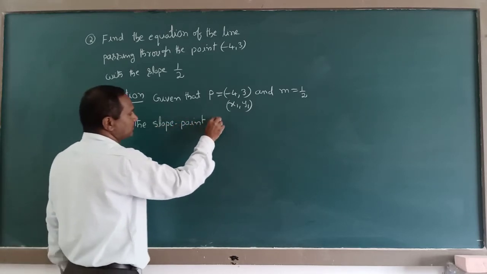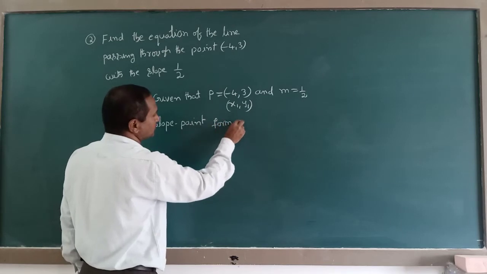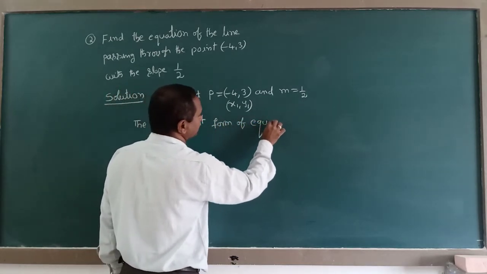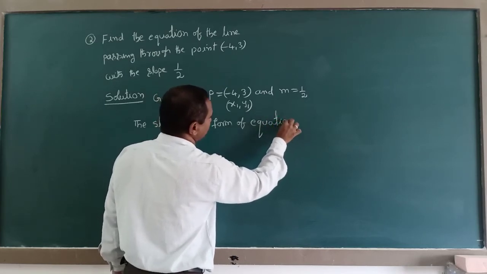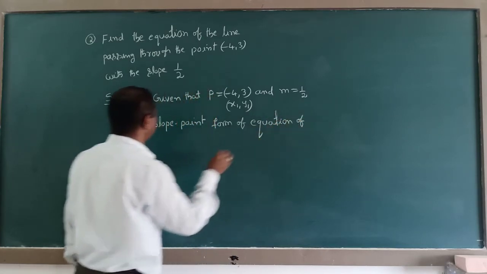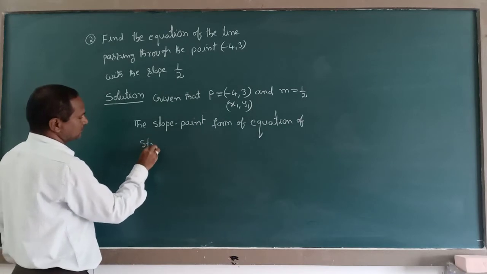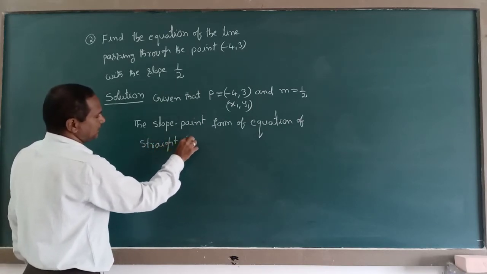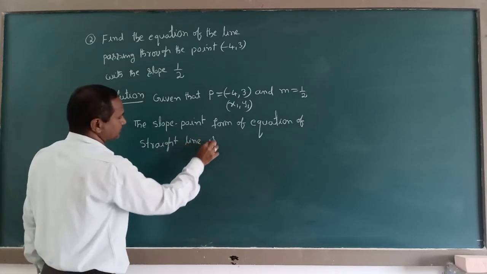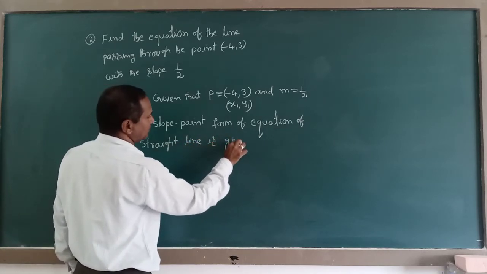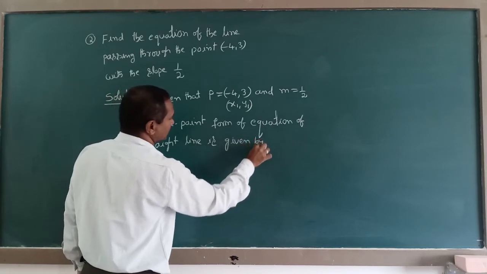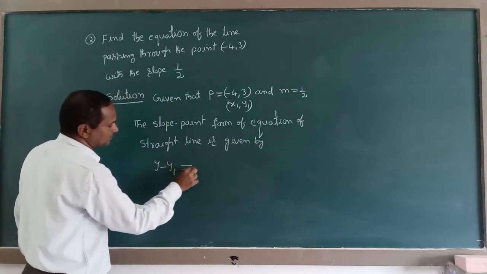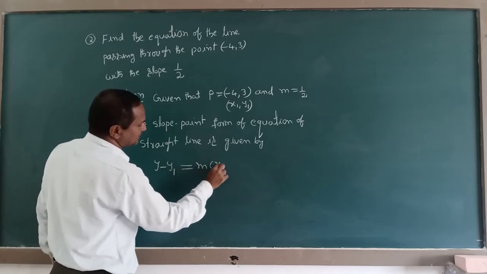The slope point form of the equation of a straight line is given by y minus y1 is equal to m of x minus x1.